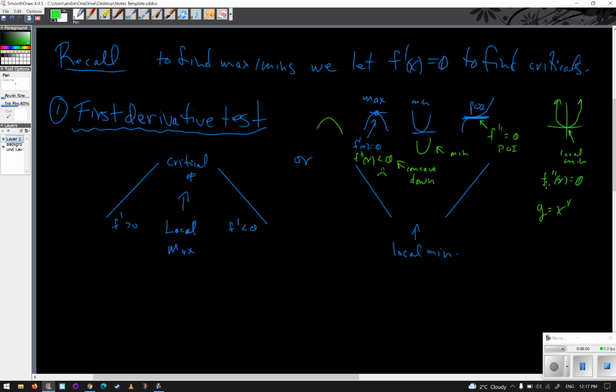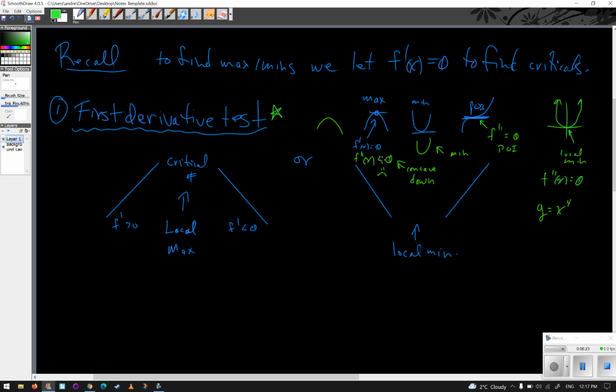And then you might say, well, how would I know then that it's a local max or min? Well, then you'd actually have to do the first derivative test, right? So the first derivative test is always going to be conclusive. This is kind of the gold standard of finding your maxes and your mins. But if you just want to relatively quickly discern whether a point is a max or a min or not, you can do the second derivative and evaluate it.